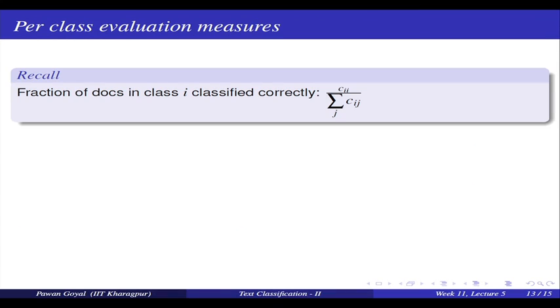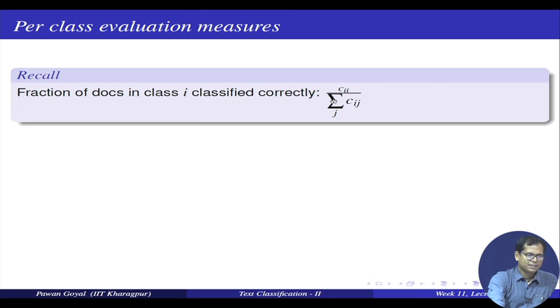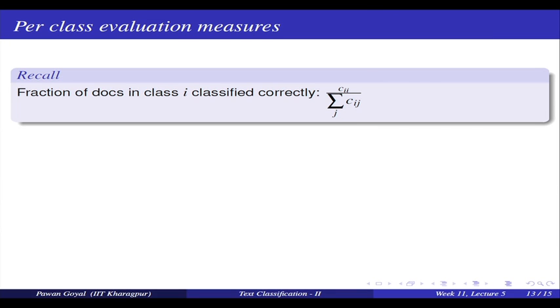So recall would be the fraction of documents in class i classified correctly, and you can get that by adding over all the elements in the row. That's what we did for the class UK, added all the elements in the row. C_ii divided by summation over C_ij for all j.